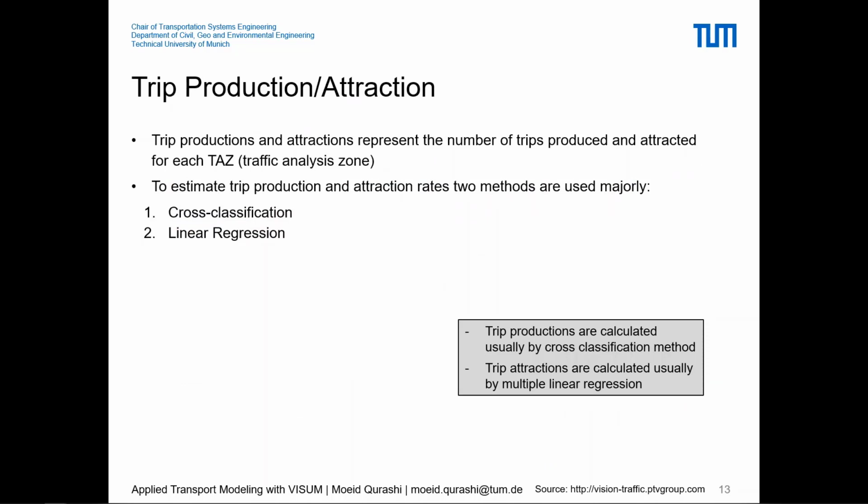Next, once we have the production attraction rates, we will start modeling the first step model in Visum. I'm going to show you next, in the slides, how you can run a trip generation step in Visum for a given model. So first we'll try and copy all the zones.